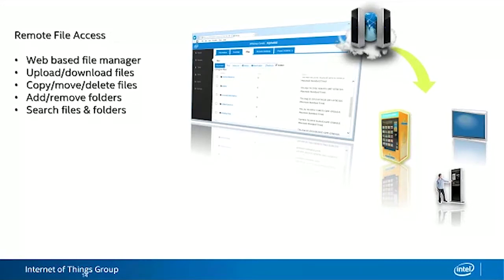This is a web-based solution, and the key features of this web-based file manager are uploading and downloading files, copying, moving, and deleting files, making folder changes, and also the ability to search files and folders, typical to how you would execute on the Windows File Explorer.